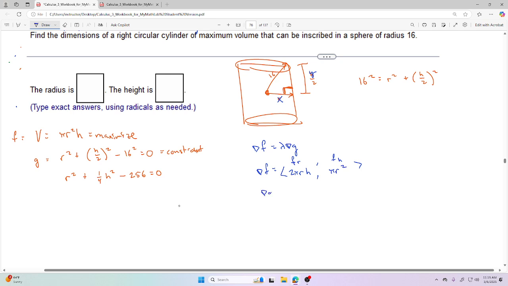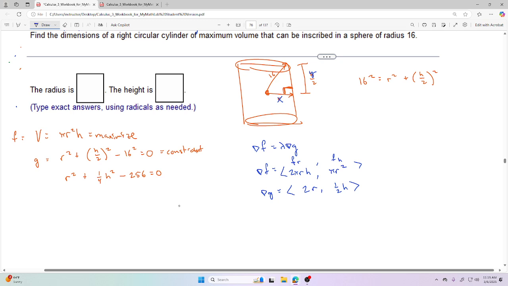Okay. Grad g, in terms of r, what do we get? Yes, 2r. Excellent. And then my h? That'd be 1/2 h. Good. Doing the math already. Okay, awesome. So then let's mush them together.